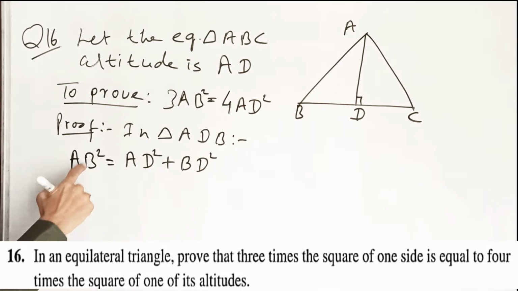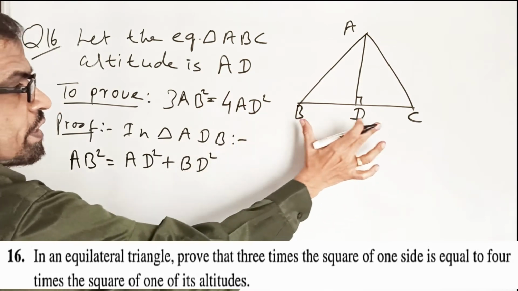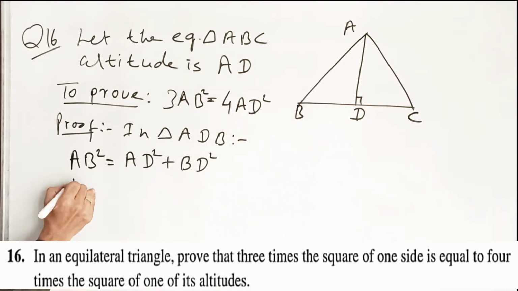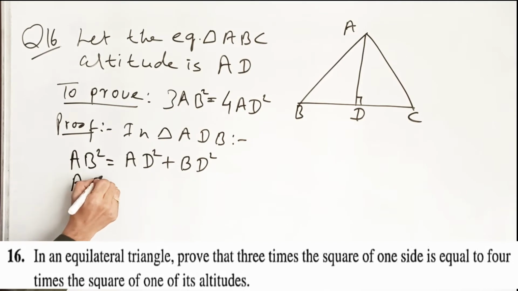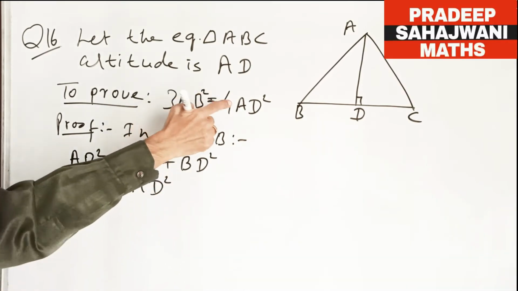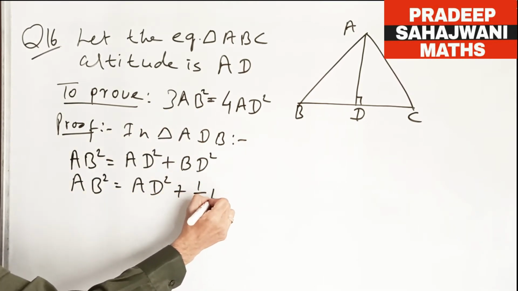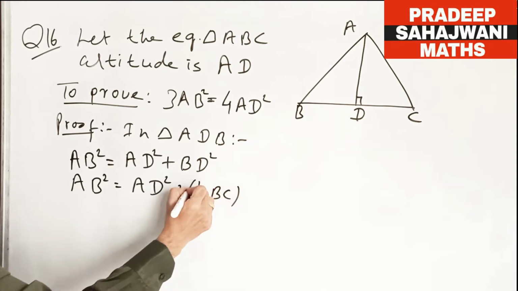Okay students, now listen here, BD. In place of BD, we can take half of BC. So we will write AB square as it is, AD square as it is, because we need it in our proof, plus this one is half of BC.